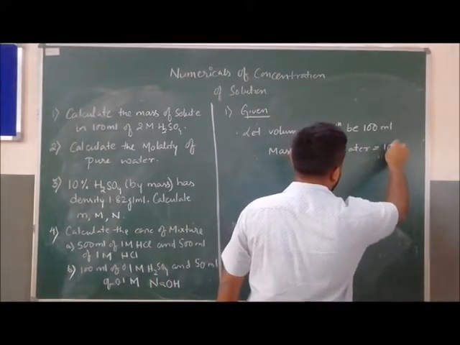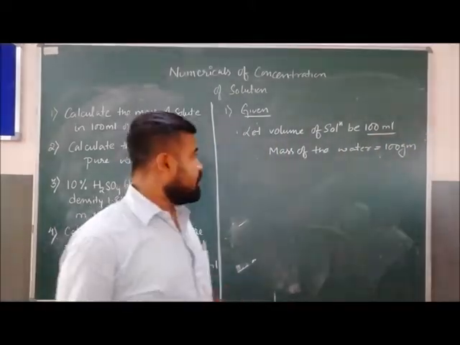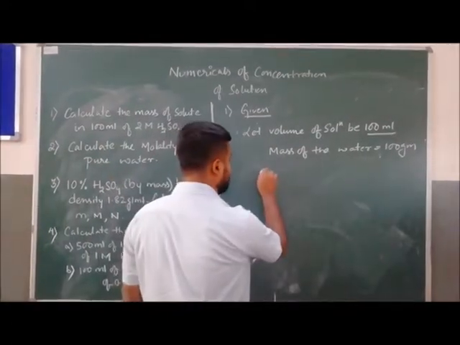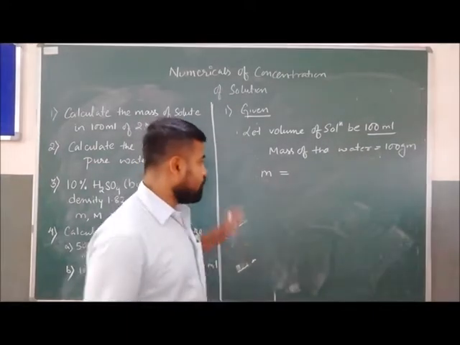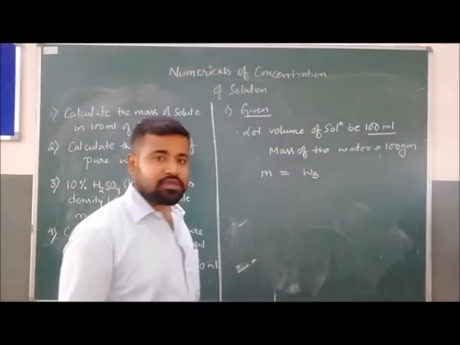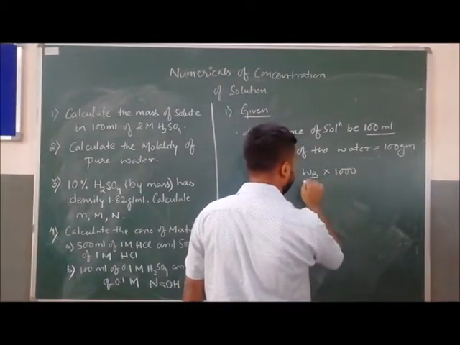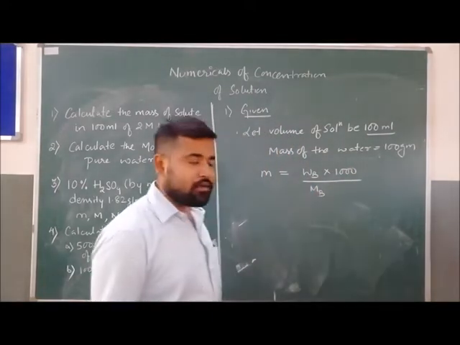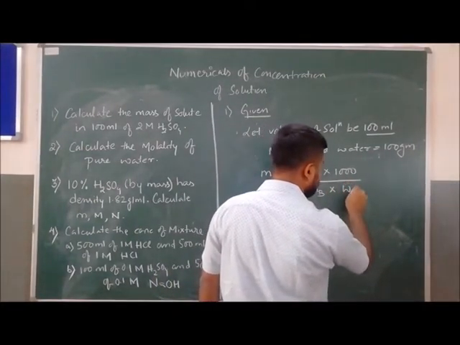Now we will come to the formula. Molality is equal to mass of the solute into 1000 by molar mass of the water into mass of the solvent.